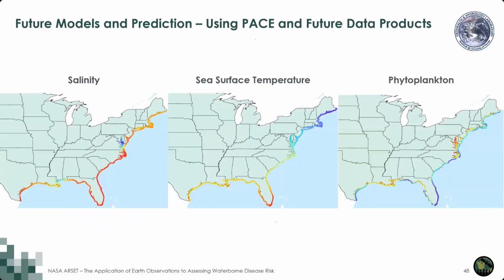As more and more data sets are available at higher spatial as well as spectral resolution, we expect that the models will improve, and then we will be able to produce near real-time predictive capabilities of exposure of Vibrios to human communities all along the eastern coast.